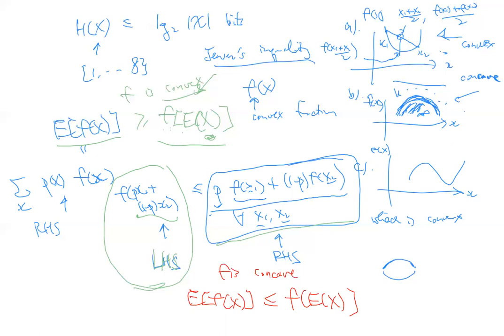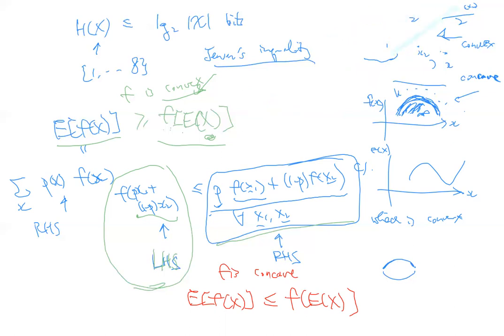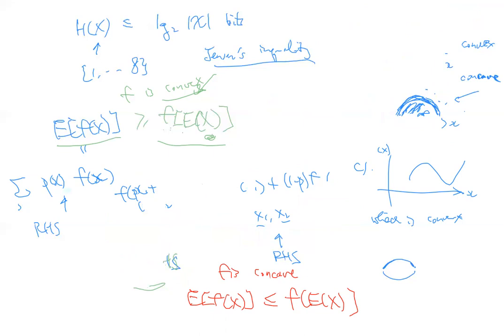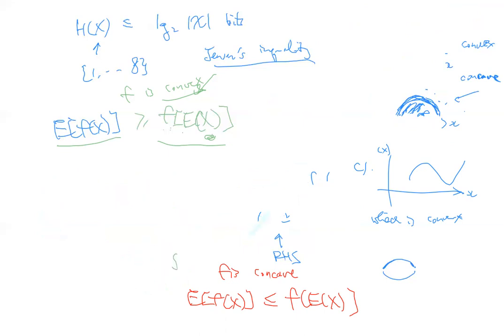Okay, so now, let me erase some of this here. Using the Jensen inequality, we can easily show that the upper bound of H(X) is bounded by log of the number of outcomes.